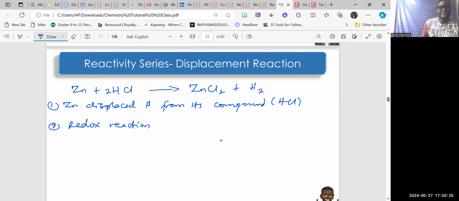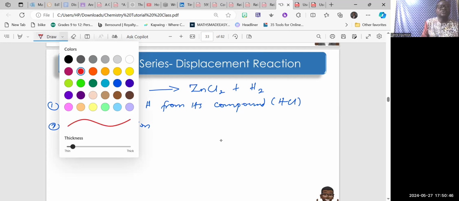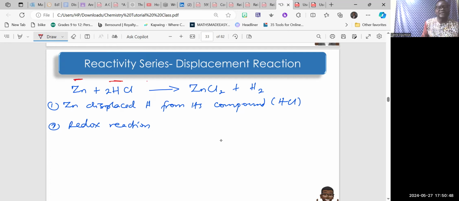And hydrochloric acid is the oxidizing agent because it's reduced. Now, hydrogen can never be your agent because it's a product. That's one of the ways to know, right? Your reducing agent or oxidizing agent will be either of these reactants. Can you get that? Okay.